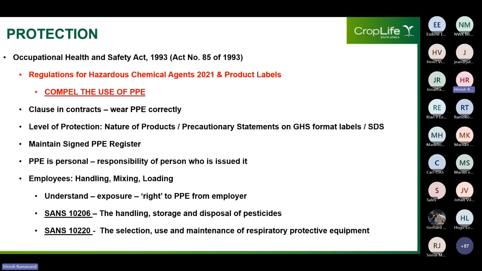Therefore, all employers must issue employees with appropriate PPE, given that it is law, and we also advise all employers where work involves handling and using crop protection products to have a clause in their contracts which clearly states that employees must wear PPE correctly while working with crop protection products, where the level of PPE is determined by the nature of the products that will be applied through the precautionary statements based on the new format, GHS labels, and safety data sheets.